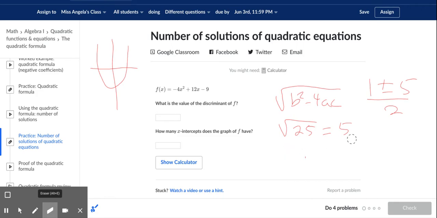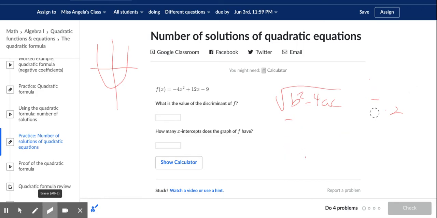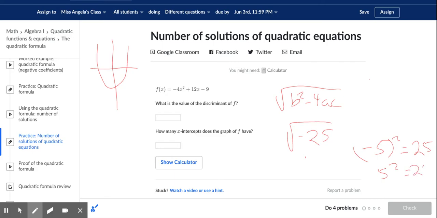All right, so what happens if I don't get a positive number? Well, I might get negative 25. If I get a negative here, I have to think, what squared is negative 25? Well, that doesn't exist, right? Because negative 5 squared is positive 25. 5 squared is positive 25. I don't have a way to get a negative here.